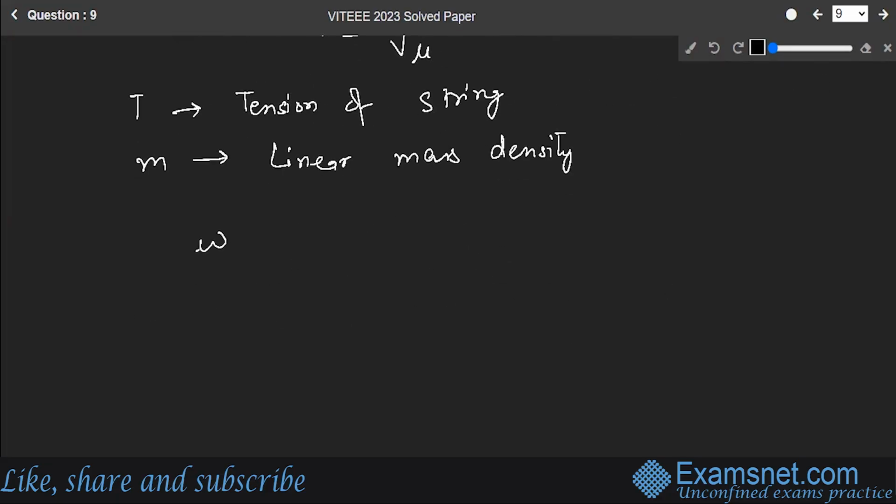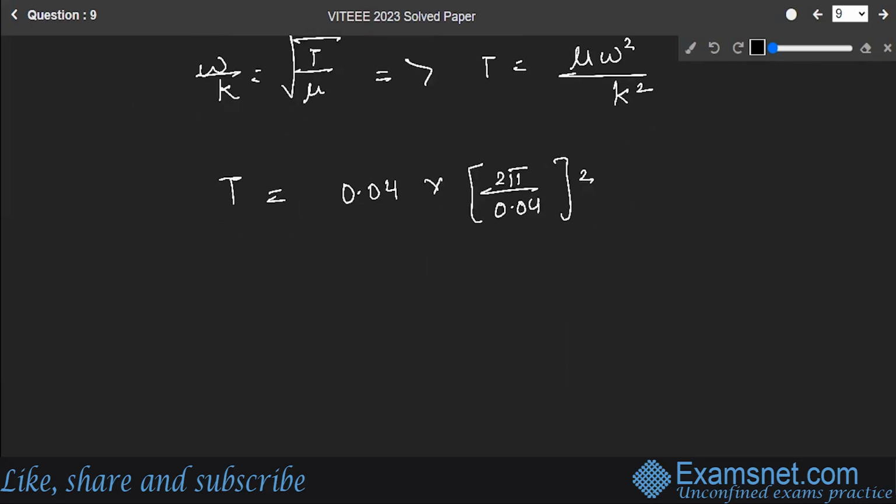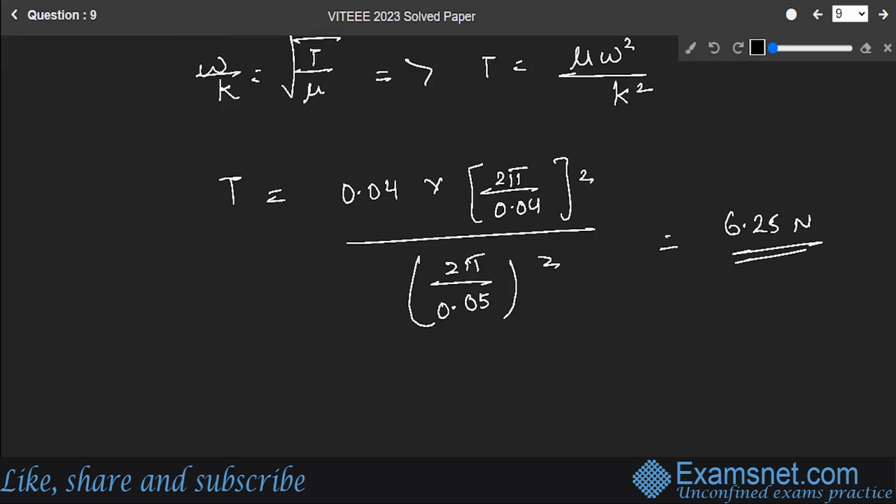You have omega upon k is equal to root of T upon mu. So T is equal to mu omega square upon k square. This is equal to 0.04 multiplied by (2 pi upon 0.04) square divided by (2 pi upon 0.5) square. This on solving will give you 6.25 newtons.